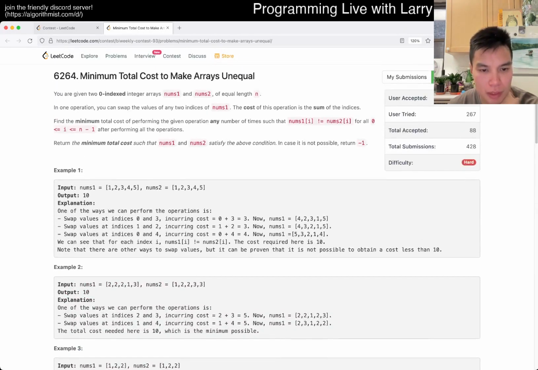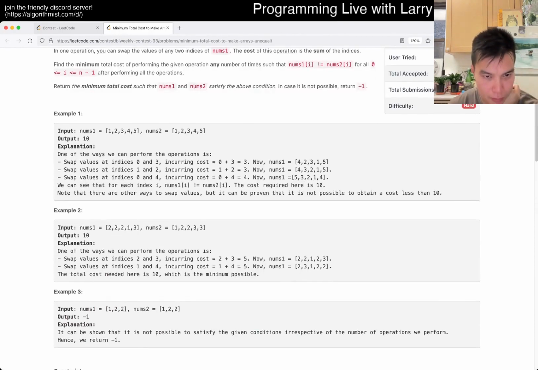How do I figure out how to get this just a good number? This and this swap, this and this.